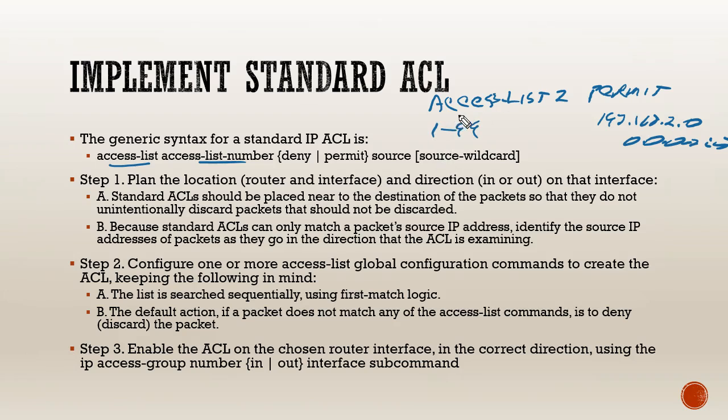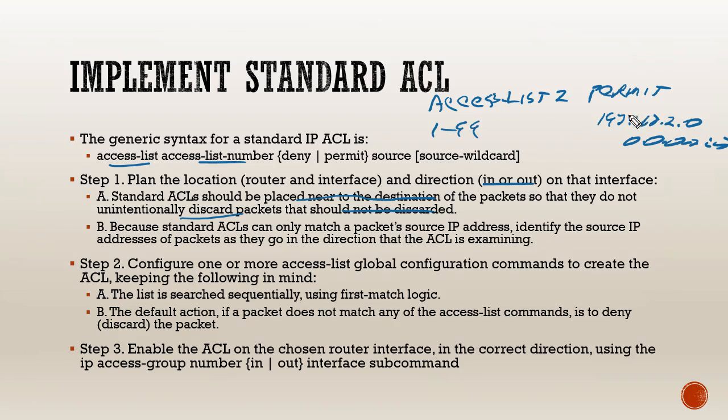And then the next command in a numbered list would be access-list 2, and then whatever we wanted to do with it. Plan the location: the router and the interface, and the direction, in or out on the interface. A standard list should be placed near the destination of the packet so that they do not unintentionally discard packets that should not be discarded.